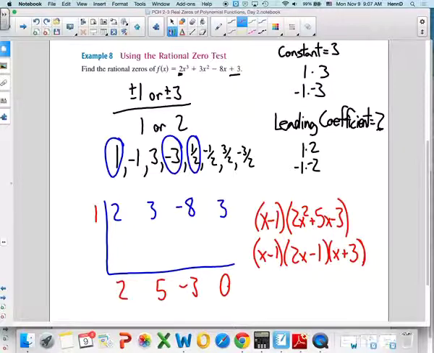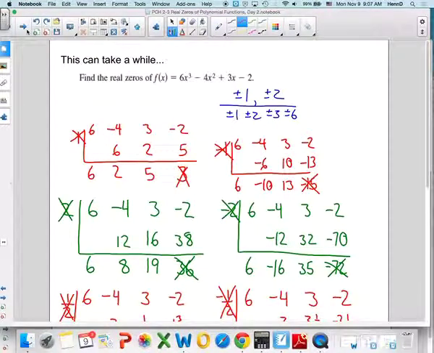Now, as you can see here, we had 2 prime numbers, and we had 8 possibilities. So you can imagine how many possibilities you'll come up with when you've got things with 2 or 3 or even 4 pairs of factors. Alright? This process can take a while. Check this out.